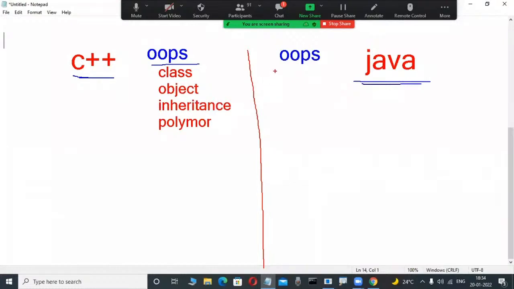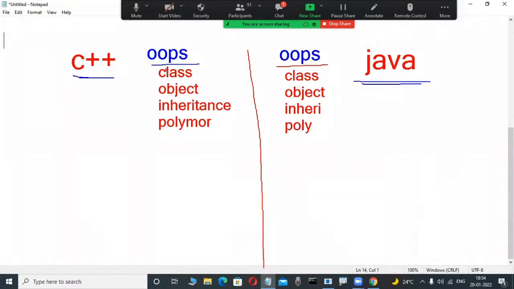Observe here. In Java also, the OOPS concepts are there: what is a class, what is an object, what is inheritance, what is polymorphism. So many concepts are there.